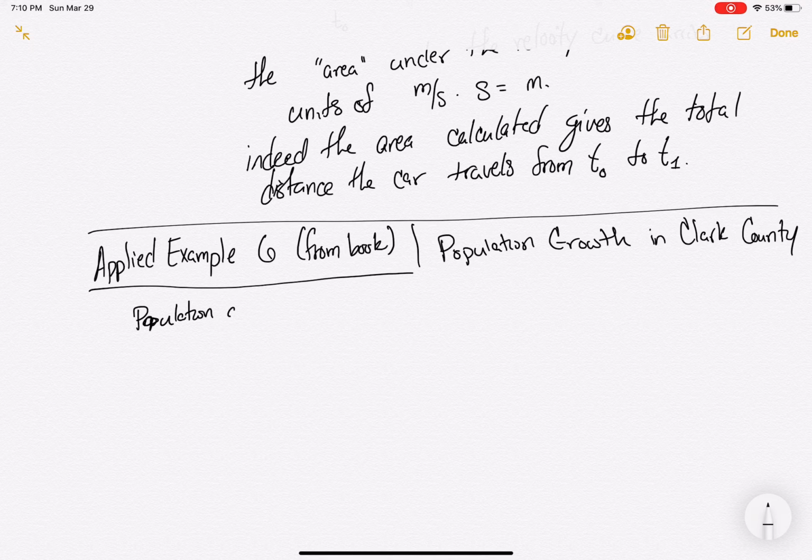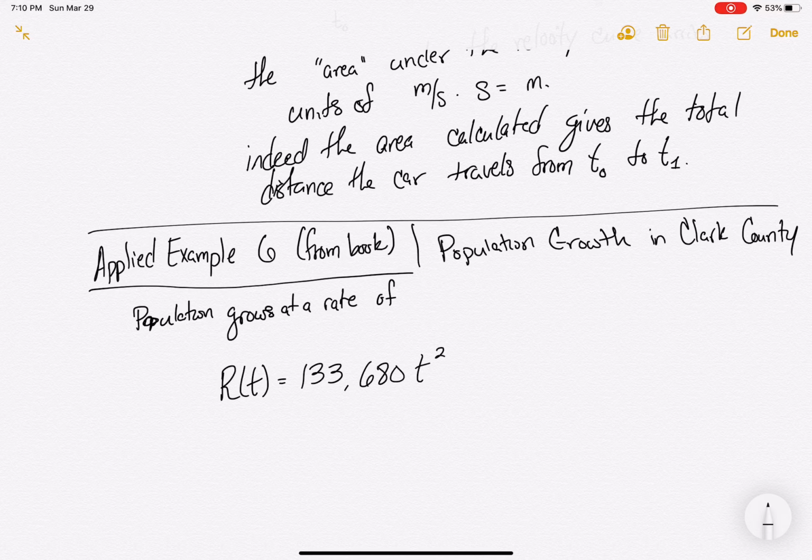Population grows at a rate of R(t) equals 133,680 t squared minus 178,788 t plus 234,633.